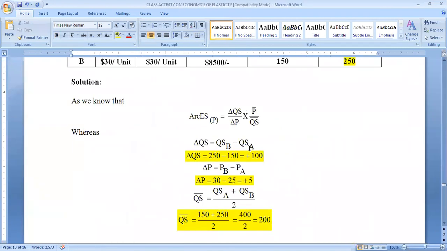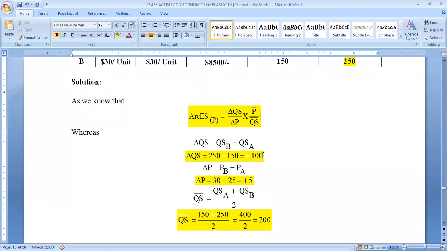Now let's start answering the question by saying that, as we know, this is the formula of arc elasticity of supply. Let me highlight it for you people. Into this formula, we again have 4 components: delta QS, delta P, P bar, and QS bar. What is delta QS?